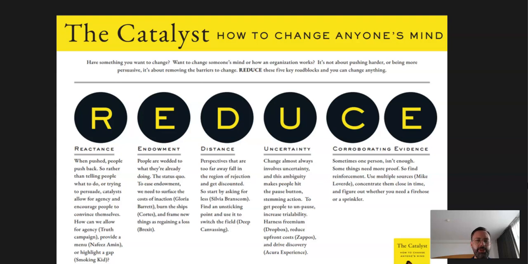The other key thing to keep in mind is not just having multiple people or sources endorsing your product, but concentrating that message in time. So let's say you have 3 case studies and somebody reads about those case studies over a period of a month and they're spread out. That doesn't create the perception in the prospect's mind that there's a trend, that there's a consensus.